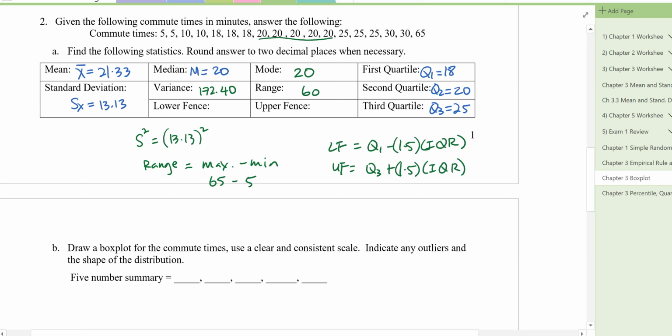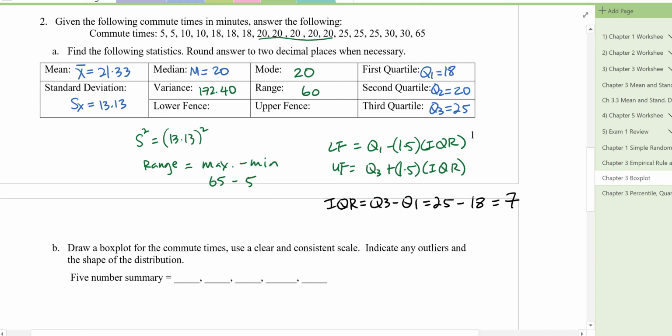So the IQR is the interquartile range, which is Q3 minus Q1. Let me write below here. So IQR is equal to Q3 minus Q1. And in this case here, my Q3 is 25. My Q1 is 18. So 25 minus 18 is equal to 7.